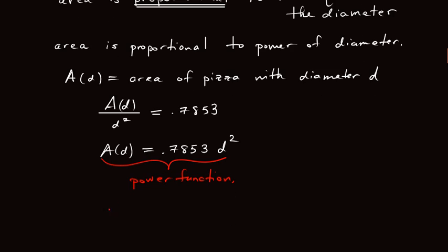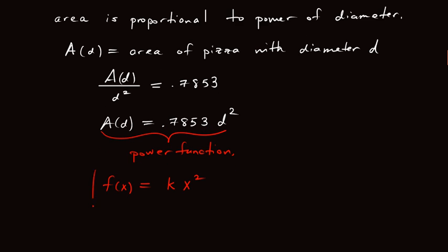What is a power function in general? It's a function that looks like this: f of x is equal to some constant, the constant of proportionality k, times x squared. In our case, x is our diameter D, and our constant k is 0.7853. But this is the general formula. And you've seen these functions before. This is just a quadratic, and k is a constant.